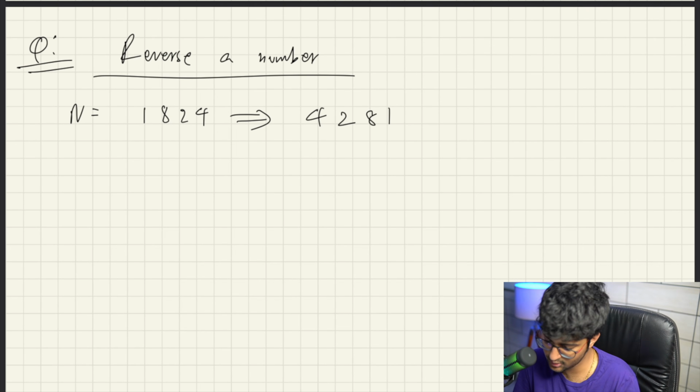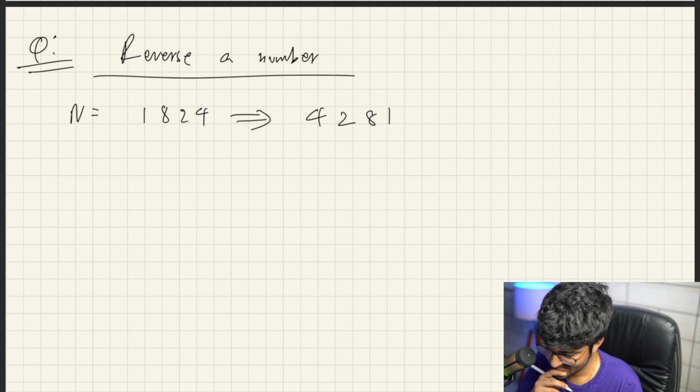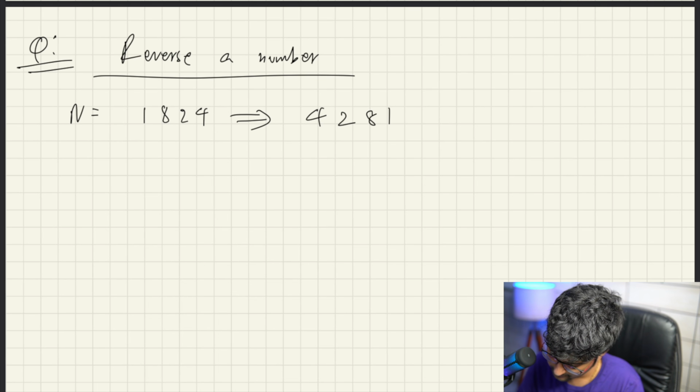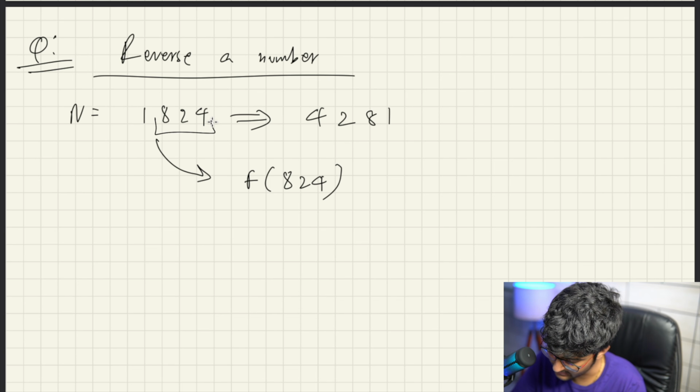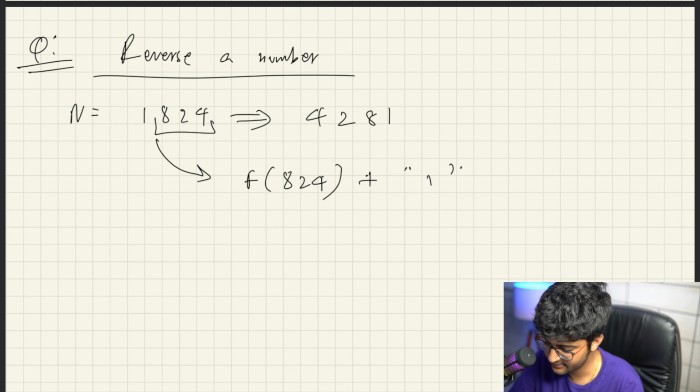What can be the recursion call in this? If I want to reverse, I can say that I will reverse the rest of the number, and I'll just add 1 at the end. The first one will come at the end once you reverse this.